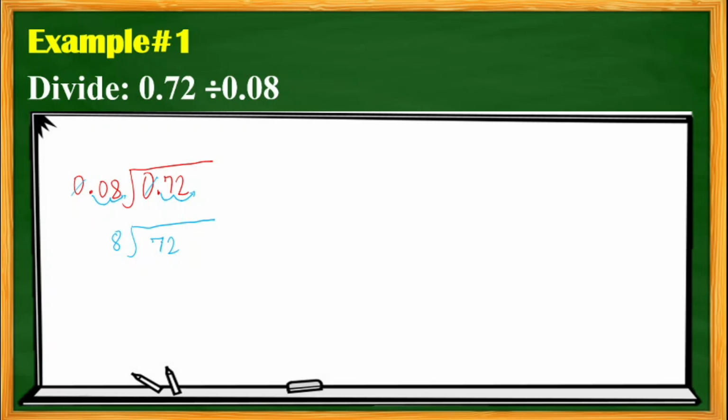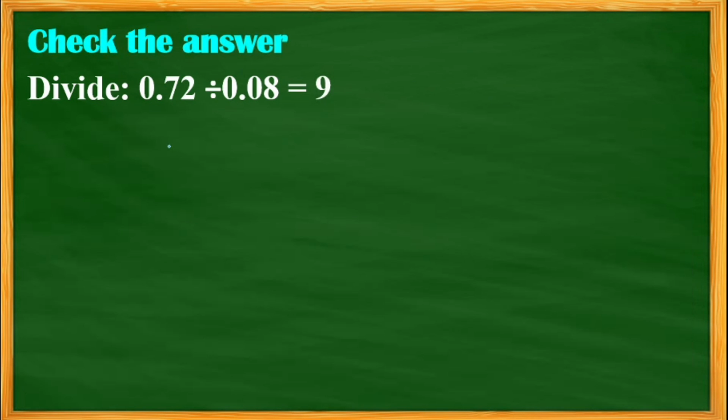So we have 72 divided by 8. 72 divided by 8 is 9. 9 times 8 is 72. Then subtract: 72 minus 72, the answer is 0. So 72 hundredths divided by 8 hundredths is equal to 9.